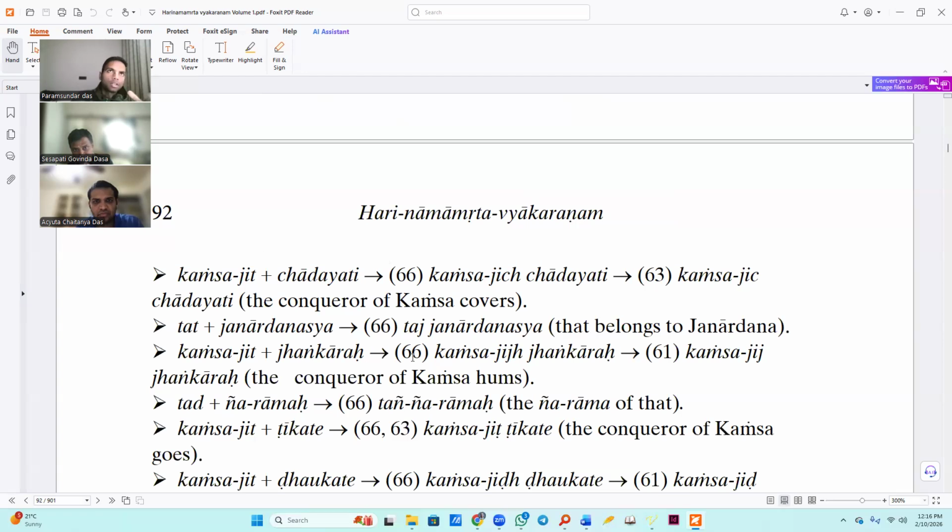Yat Lakshanam becomes Yal Lakshanam, this rule. So Kansajit Chadayati, if you see here, then we apply Yadav Matre Harikamalam here after this. Because the first Cha is considered Vishnu Dasa, which it is. And then the following Cha is a Yadava. So the first Vishnu Dasa becomes Harikamala. So we get Kansajit Chadayati.